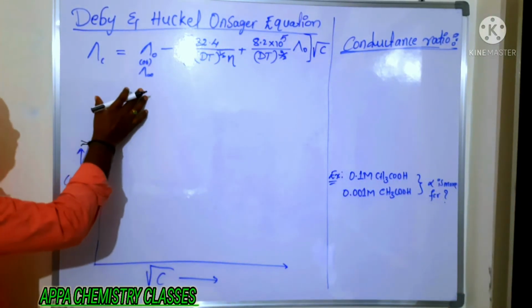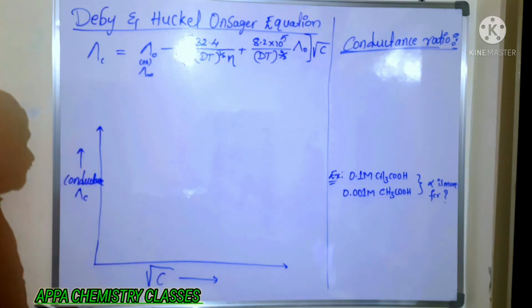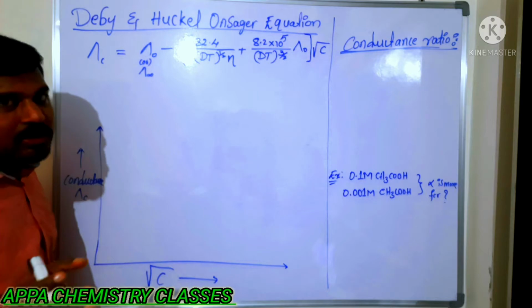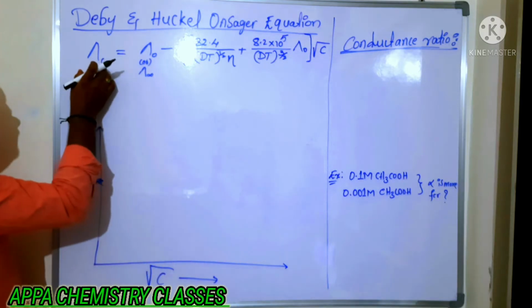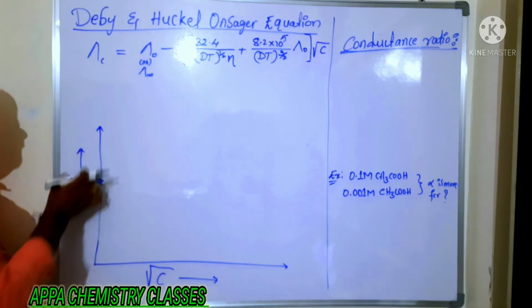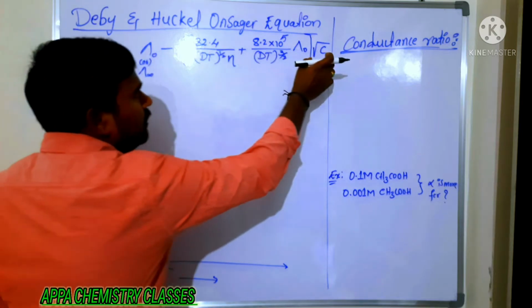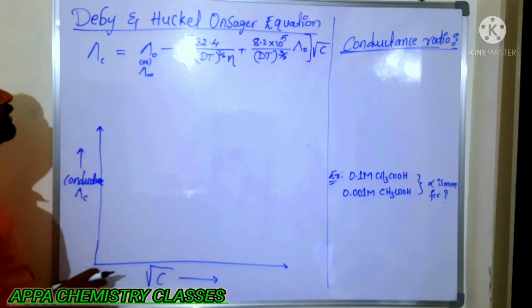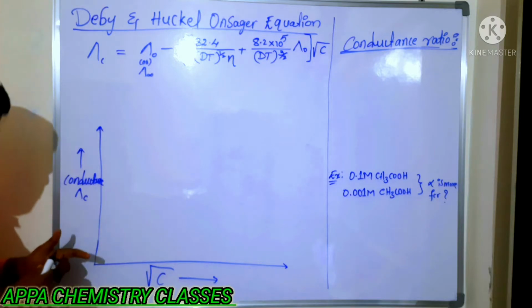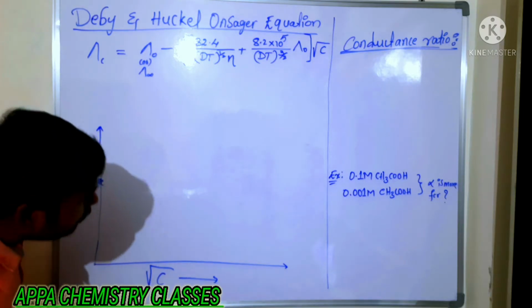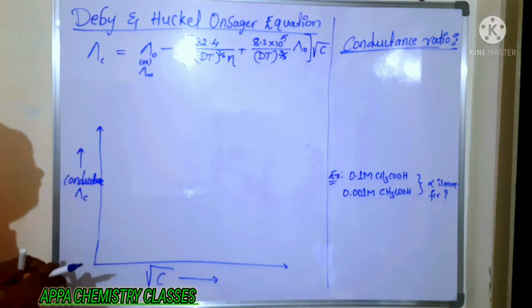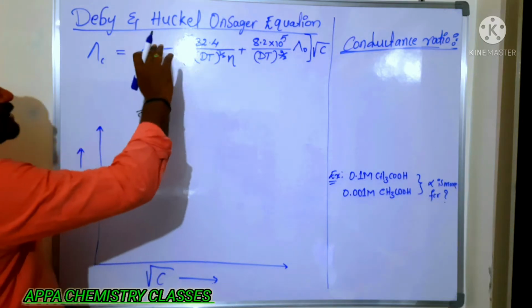Next one, the Debye-Huckel-Onsager equation. This equation is proposed to give the relation between the conductance at a particular concentration and the square root of concentration. Debye-Huckel is the scientist.